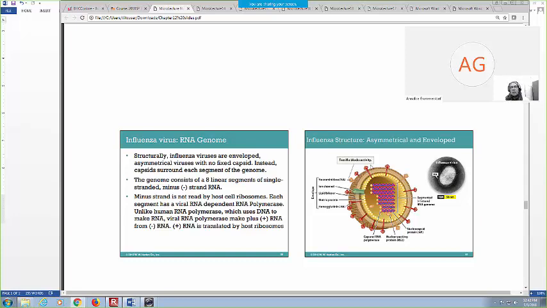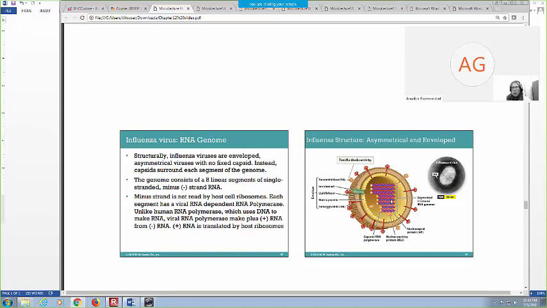So it has to get in the host cell. Outside the host cell, it's inert, harmless. But once it gets in the host cell and starts to reproduce, that's when it's really going to result in damage to our tissues and the signs and symptoms of that disease.